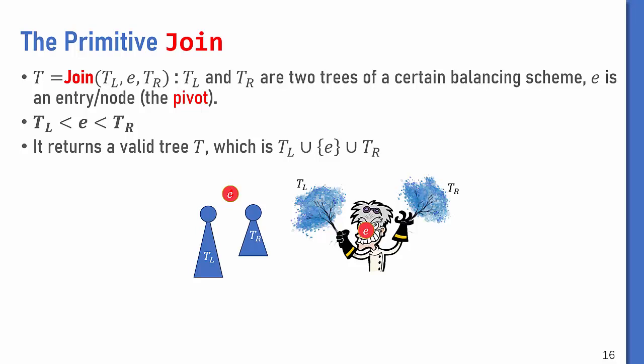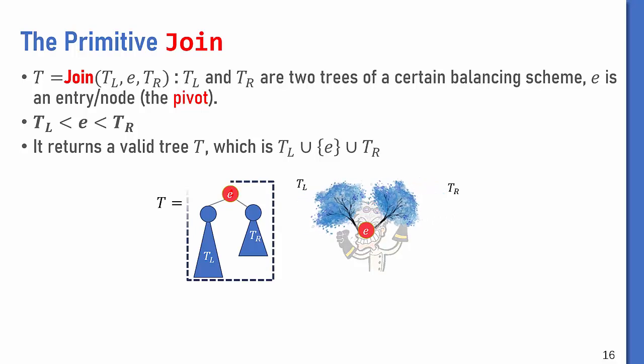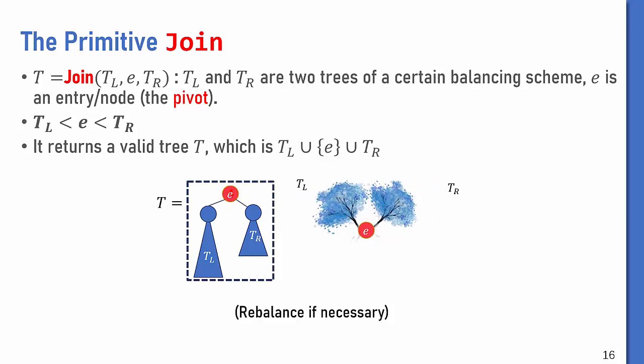So this entry E should be larger than all keys in TL and smaller than all keys in TR, so it's exactly in the middle. And the return value is a new tree. It's connecting TL and TR using E in the middle. But because we want the output to be valid and balanced, we will need to rebalance the tree if necessary.